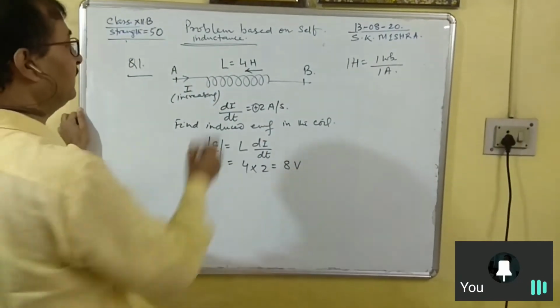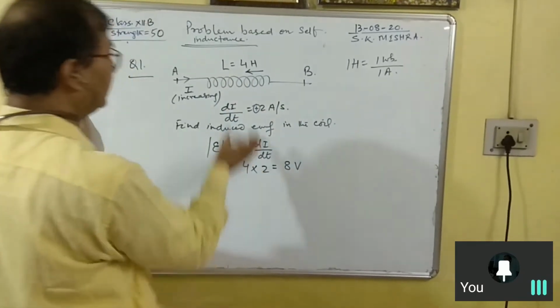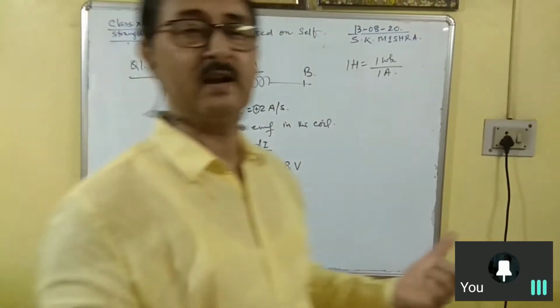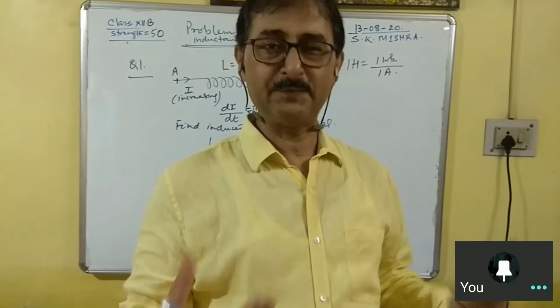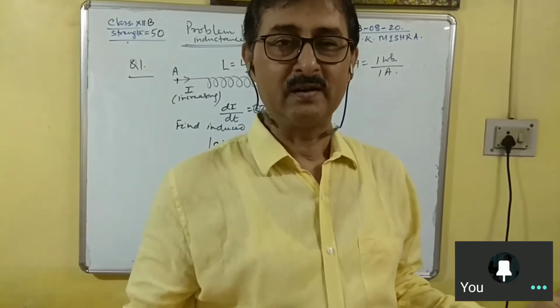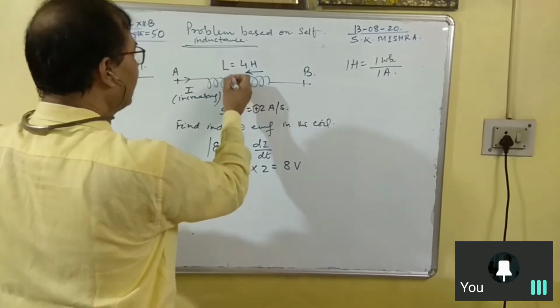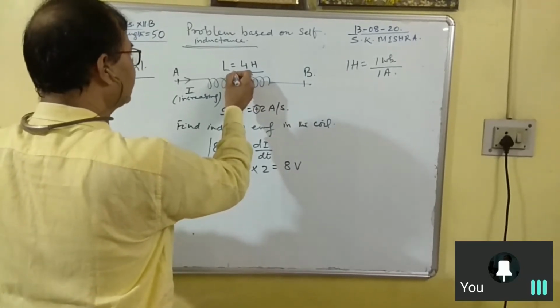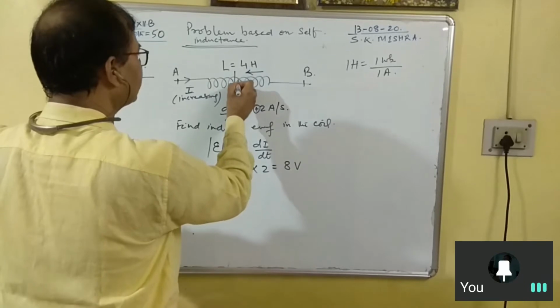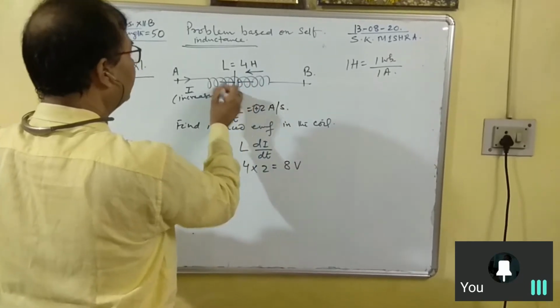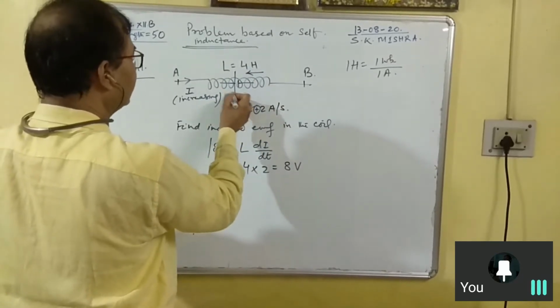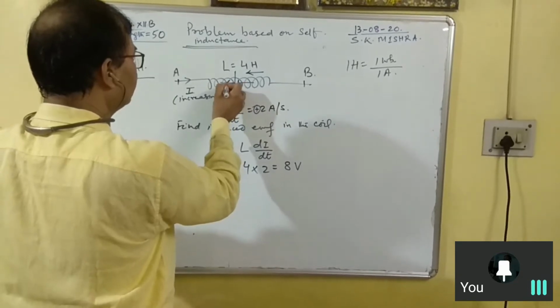Then for the induced EMF, you can consider a cell or a battery, a fictitious battery connected in the circuit. The positive terminal is on this side and this is negative. If this is the positive terminal of the cell, then current from the cell will be delivered along this direction.